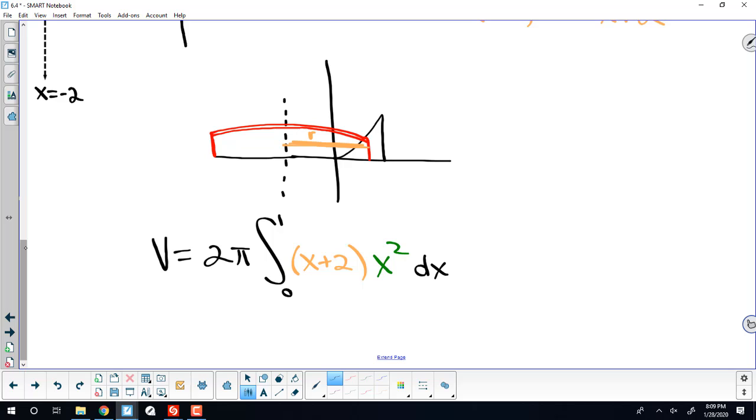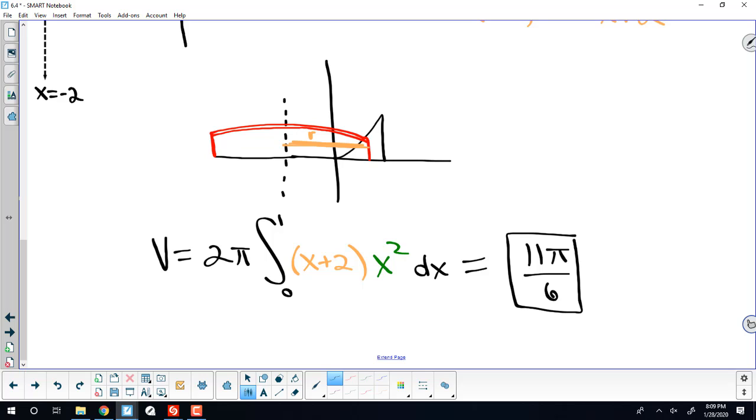So here we would just distribute x squared into that. We've got powers of x once again. As we've mentioned, there's not a lot of integration techniques at this point, so we're somewhat limited in what we can do here. We can certainly illustrate the main idea of these volumes of revolution.